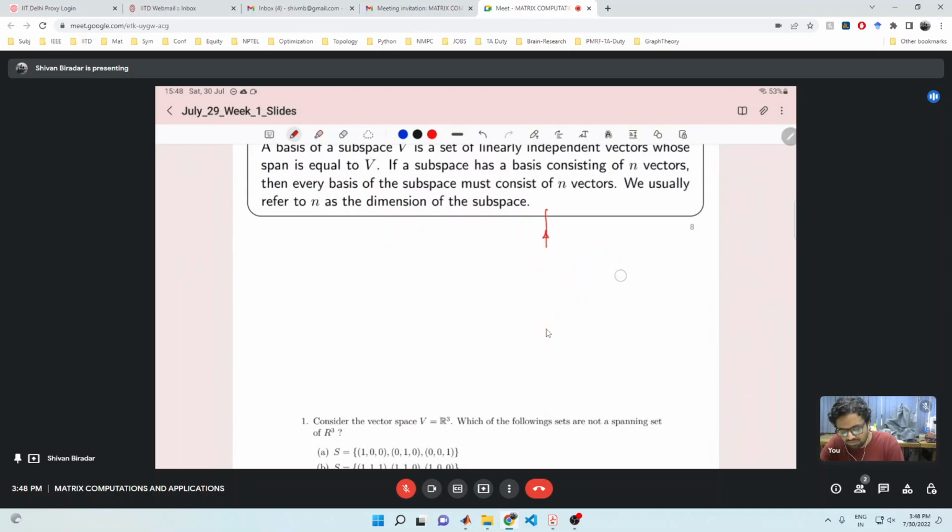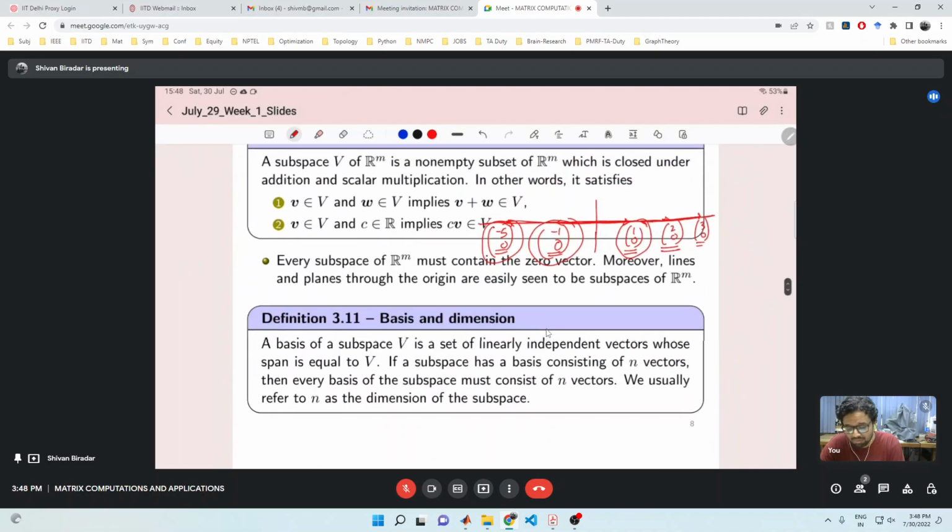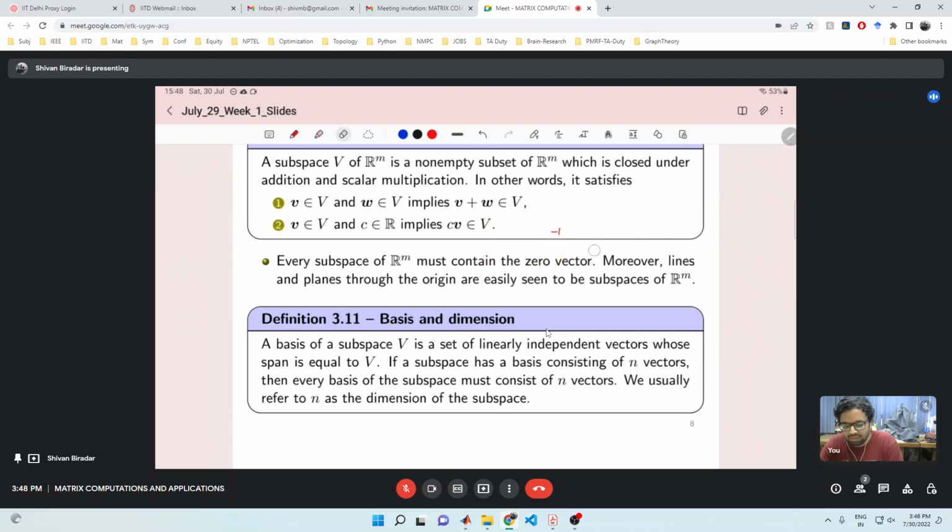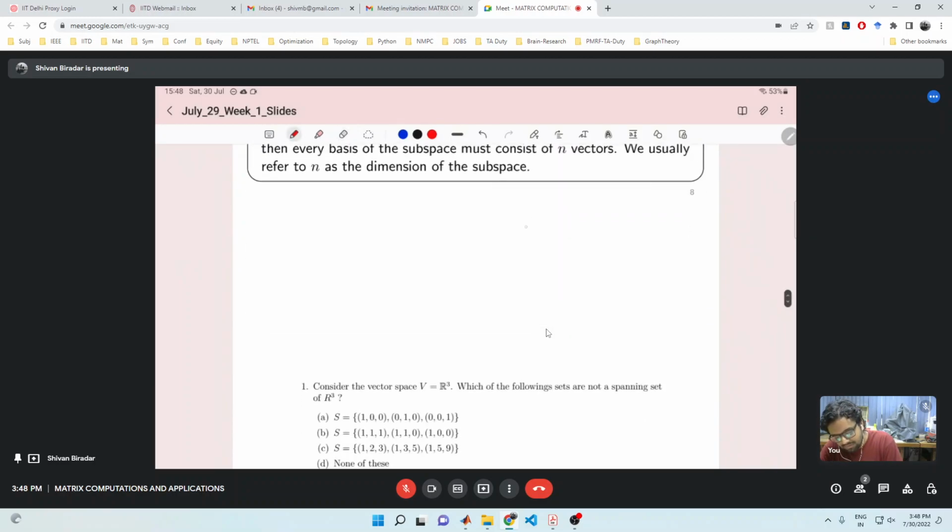So now you understand what basis is. Basis is the minimal number of vectors which can span your whole space, and the minimal number of vectors is your dimension. As I said, for spanning this line, you need a minimum of one vector, so the number of such vectors is called the dimension.